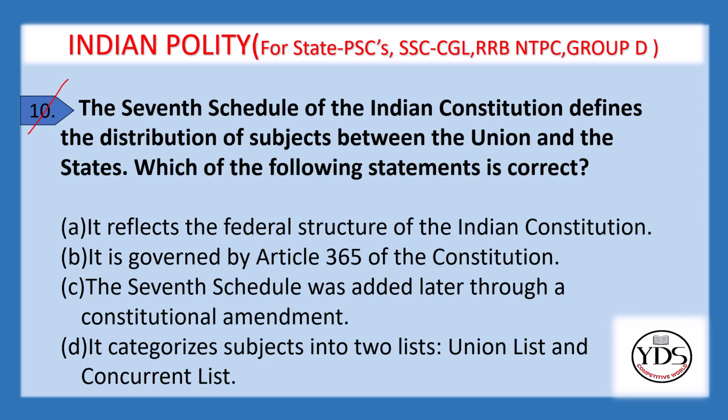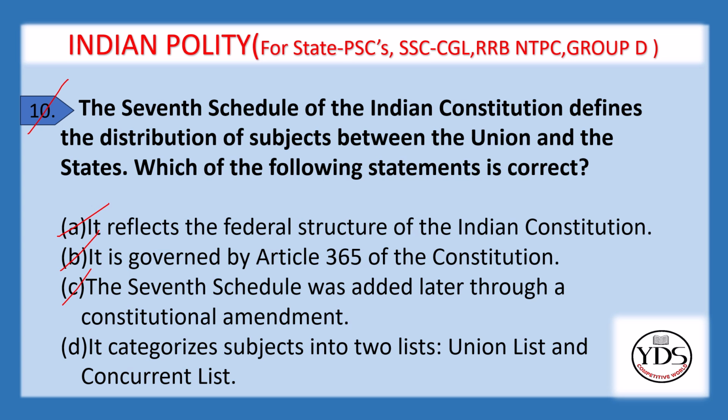10th question. The 7th schedule of the Indian Constitution defines the distribution of subjects between the Union and the states. Which of the following statements is correct? Option A. It reflects the federal structure of the Indian Constitution. Option B. It is governed by Article 365 of the Constitution.